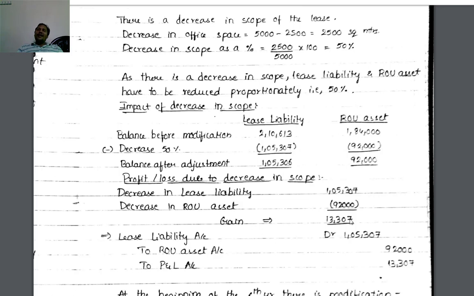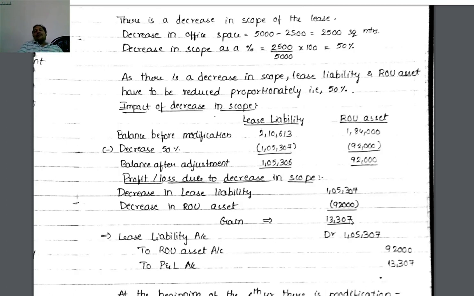Now we'll write the accounting entry for this. Lease liability reduces by 1,05,307: lease liability account debit 1,05,307. ROU asset reduces by 92,000: to ROU asset account 92,000. Remaining is a gain, transferred to the P&L account, 13,307.